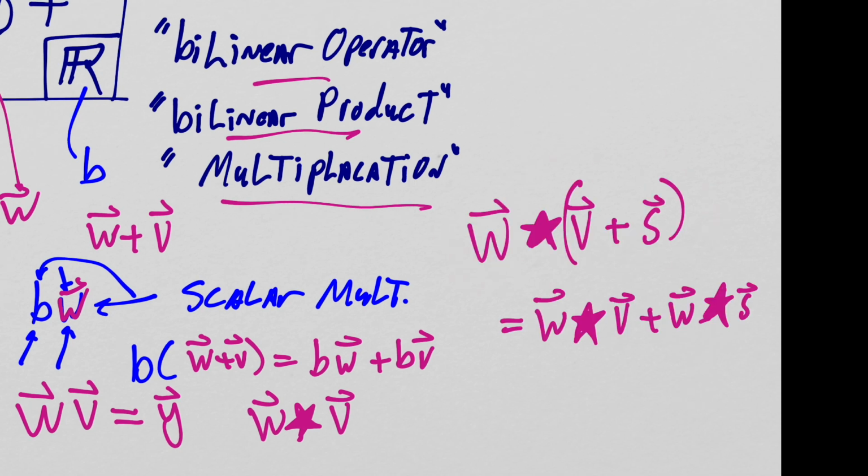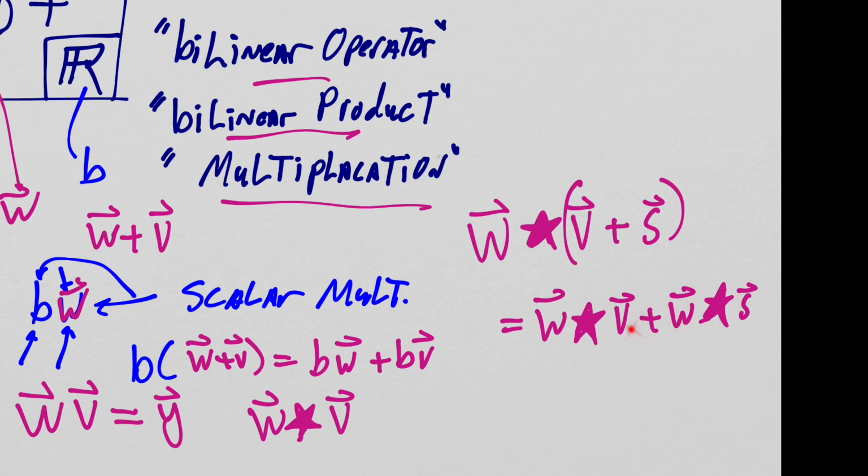something very straightforward. This new multiplication we're inventing is linear, or bilinear, with respect to the addition operator. So w multiplied by (vector v plus vector s) is vector w multiplied by vector v plus vector w multiplied by vector s.